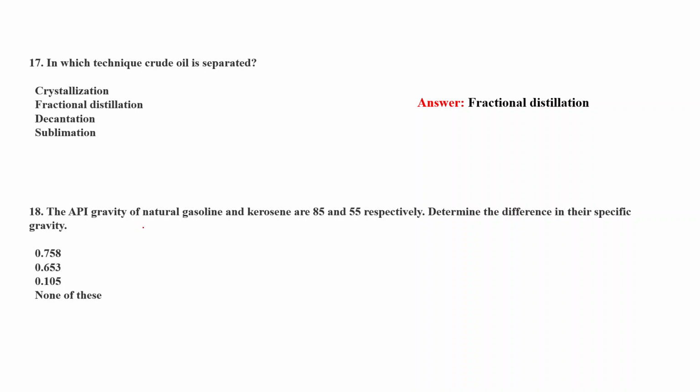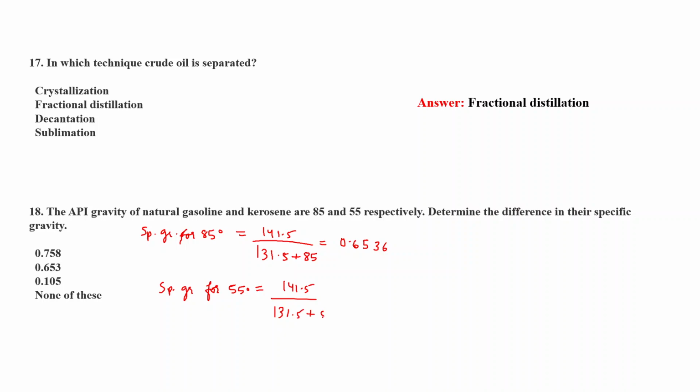So the specific gravity for 85 degree API would be 141.5 upon 131.5 plus 85, which gives 0.6536, and specific gravity for 55 degree API is 141.5 upon 131.5 plus 55, which gives 0.7587.